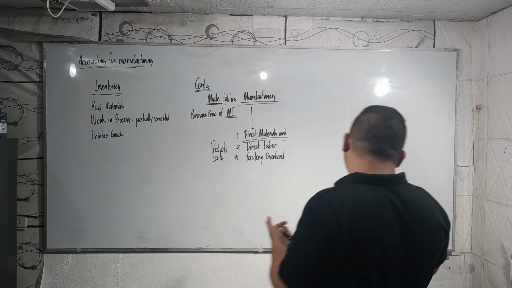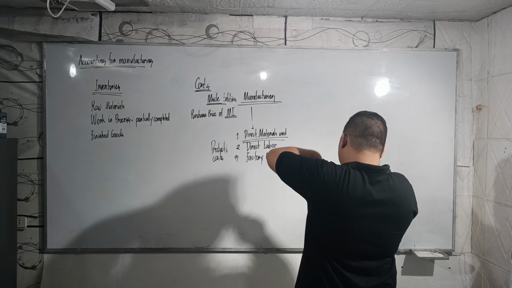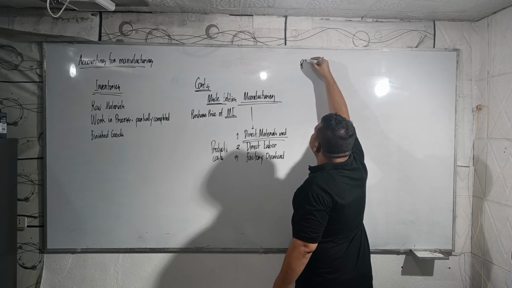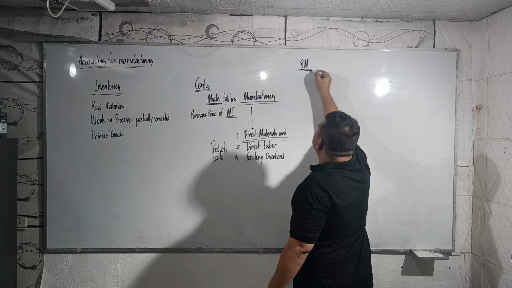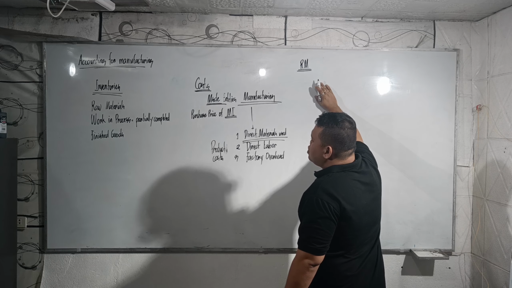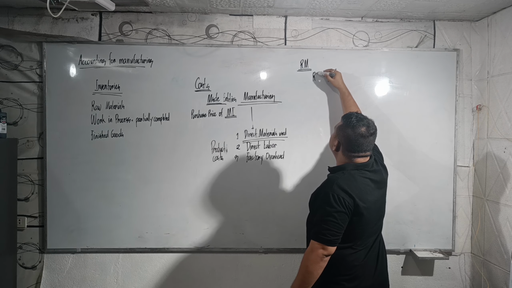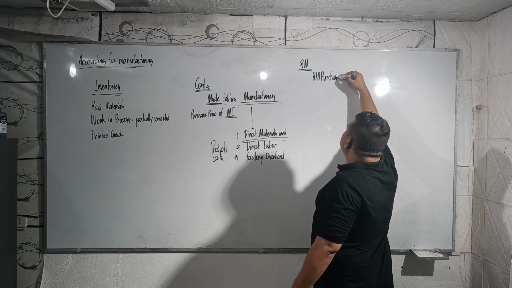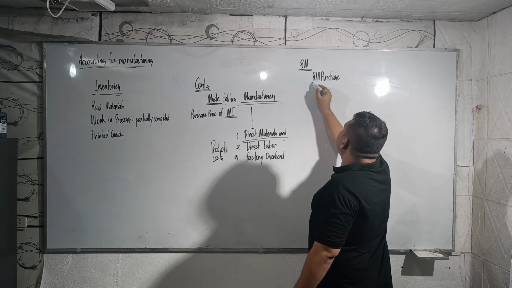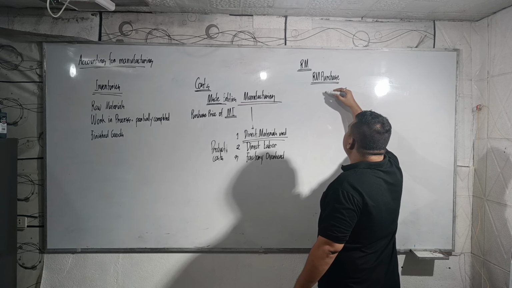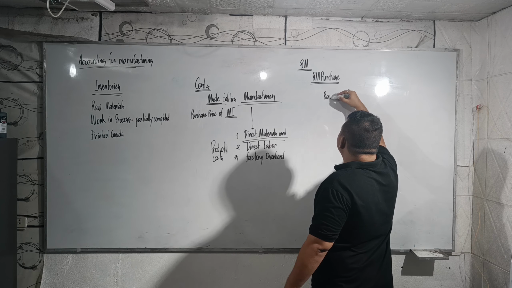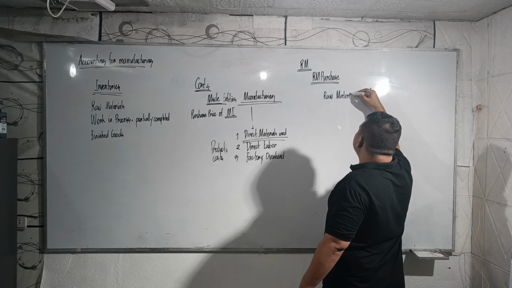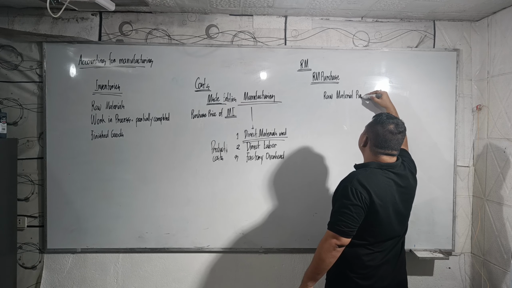So what will happen in the journalizing phase? For example, if we talk about accounting for raw materials, of course, if you buy raw materials, we will have an entry: raw material purchases.